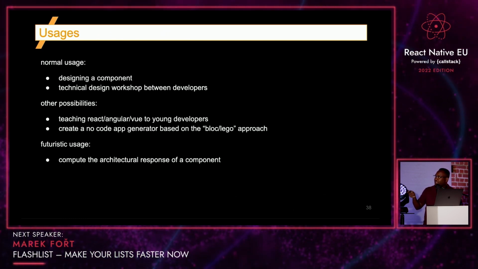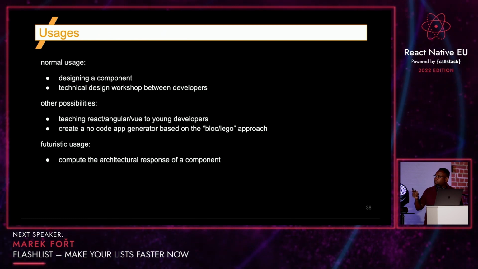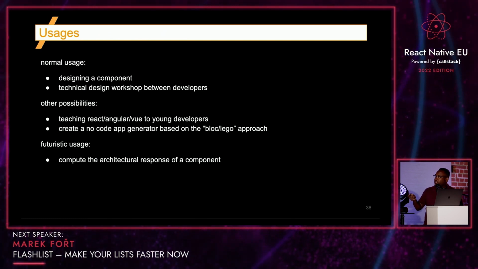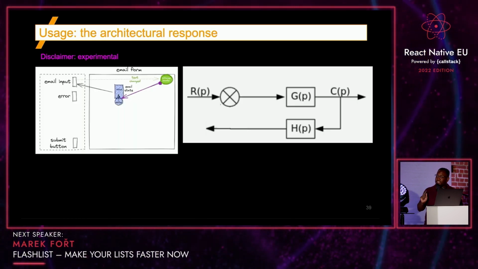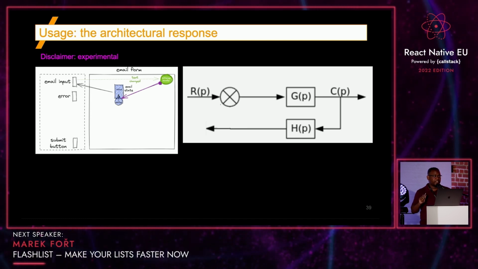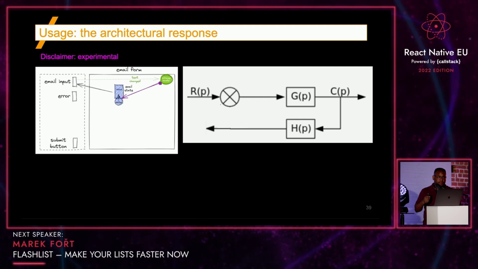And there is a last usage I wanted to show you, which is the computation of the architectural response of a component. Disclaimer, this is completely experimental, okay? It's not proven yet. But I have an intuition.